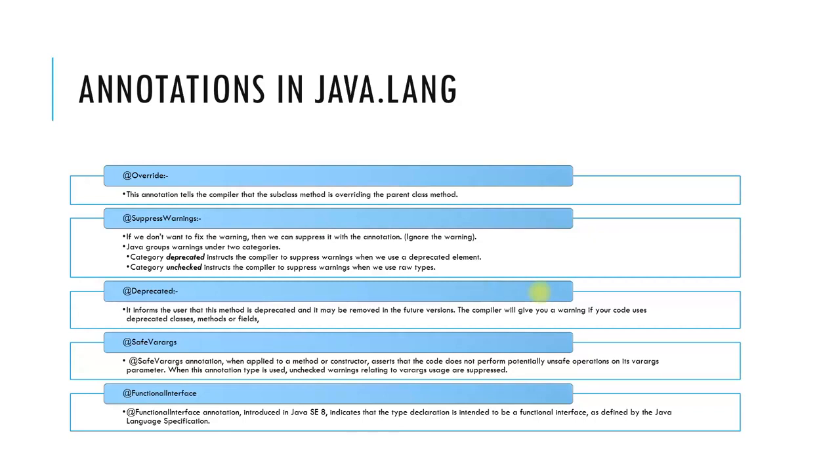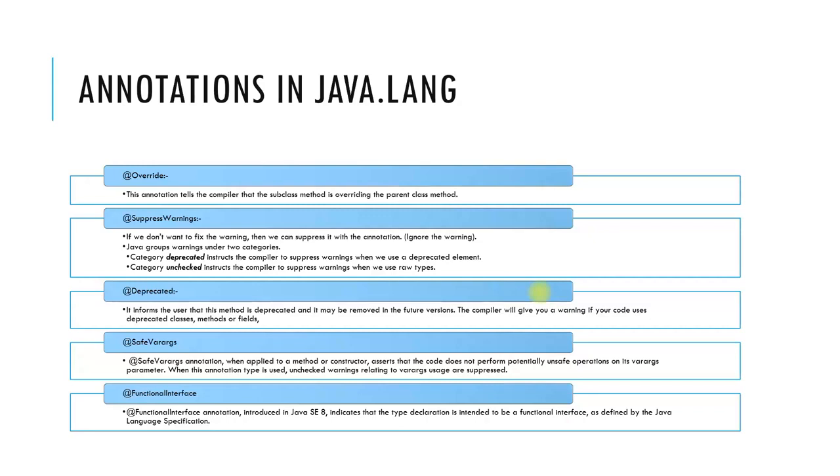For example, the Runnable and Callable interfaces in the concurrency API are functional interfaces, and their call or run methods can be written as a lambda expression.